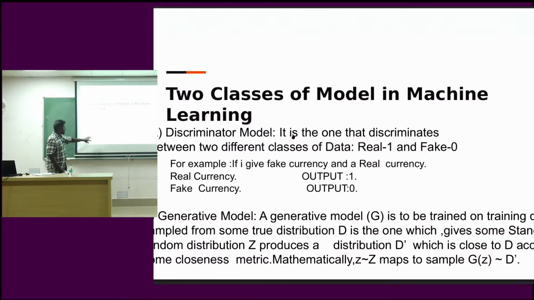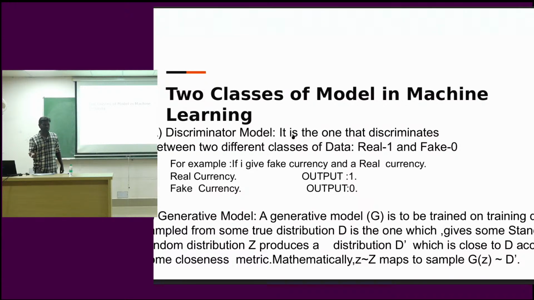If the generator generates a fake sample and the discriminator says it's fake, who will be the loser?